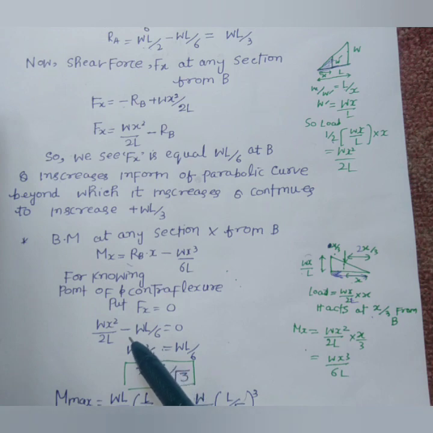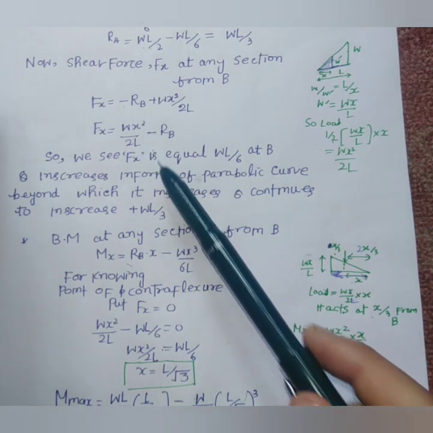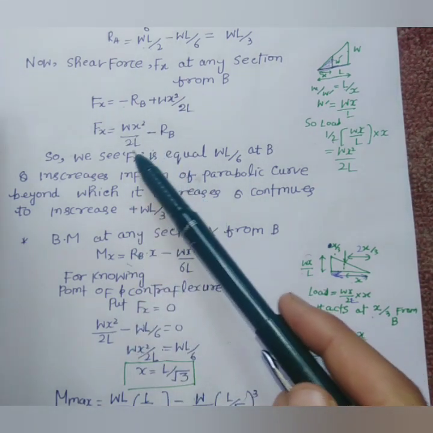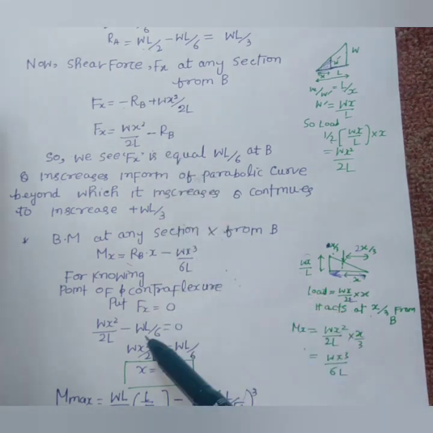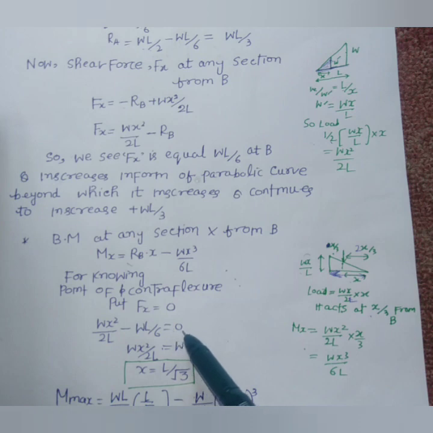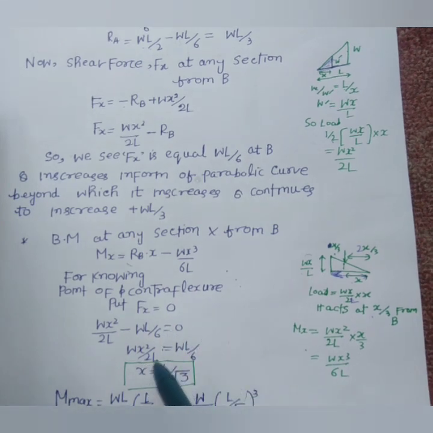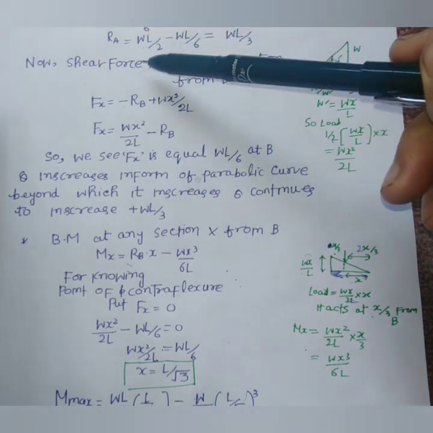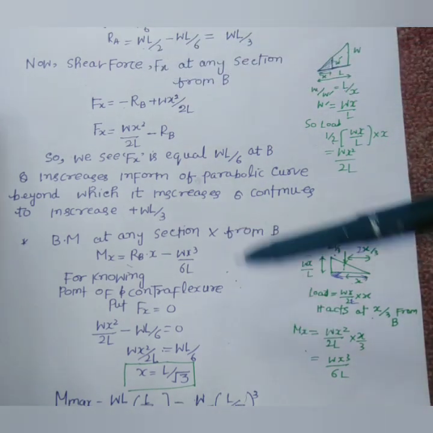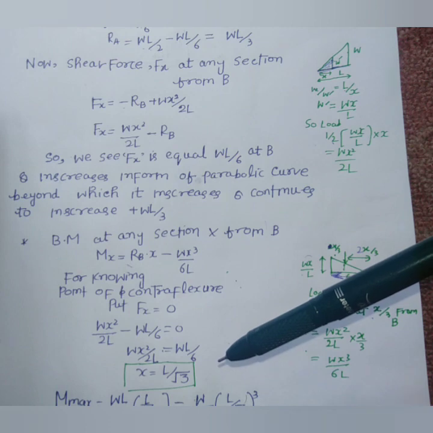So wx square divided by 2L minus Rb, where Rb is equal to wl by 6, is equal to 0. Putting this equation equal to 0, we will get x equal to L divided by root 3. So from section B, the shear force diagram changes its sign at L divided by root 3.